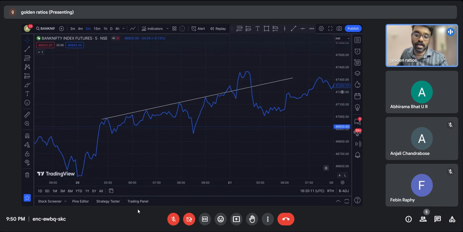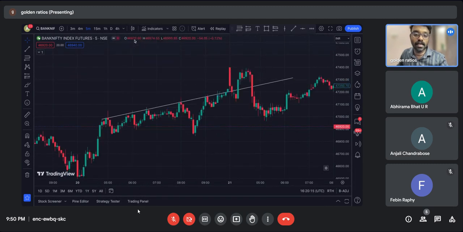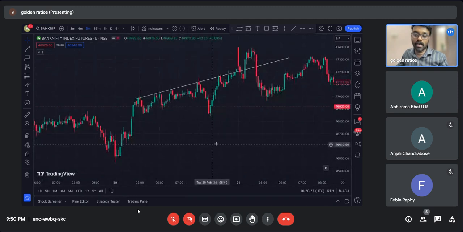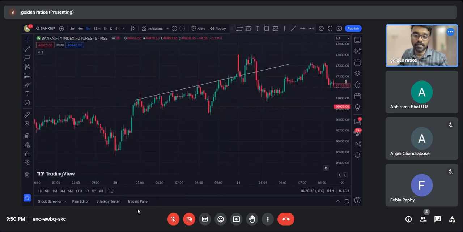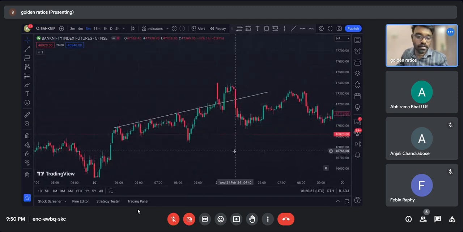One beautiful thing you can see after drawing, go back to candle, just select candle. See, understood, right?